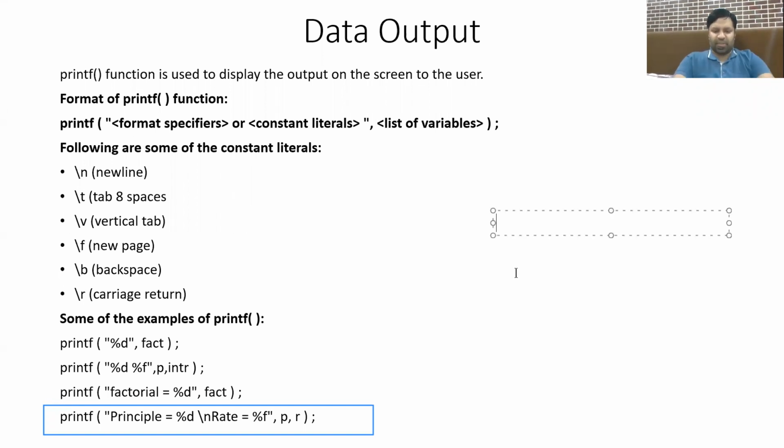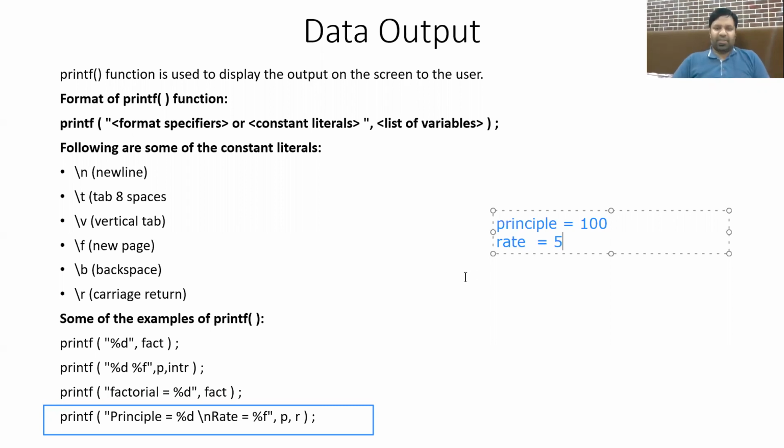As you can see on the screen right now, I am typing principal is equal to 100 /n. /n will not type anything on the screen. It will simply move the cursor to the next line, and then you will write rate is equals to 5. So what is the job of /n? Just to move the cursor to the next line.